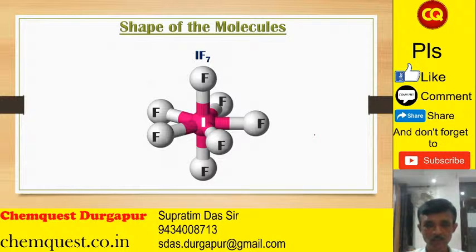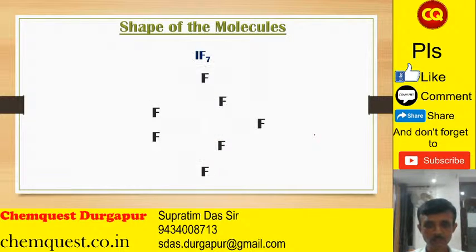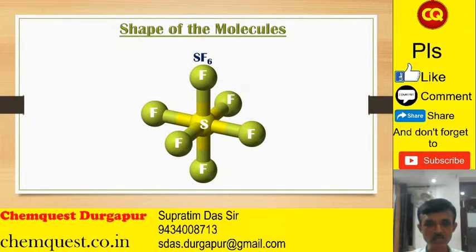Once again, we are going to revise, first one, IF7. IF7 is pentagonal bipyramidal. Previous one, SF6, octahedral with H value 6.